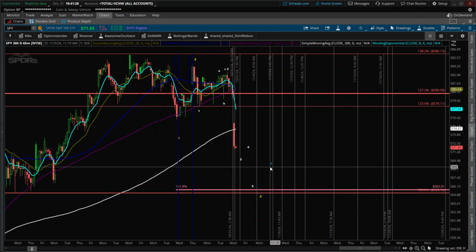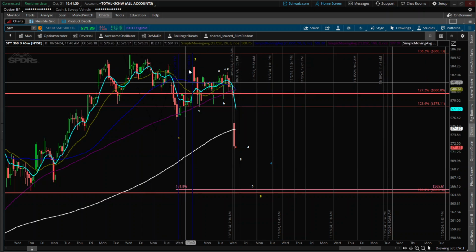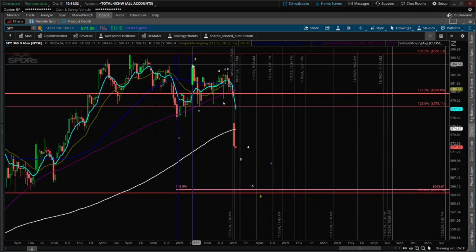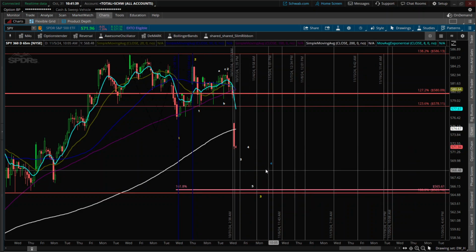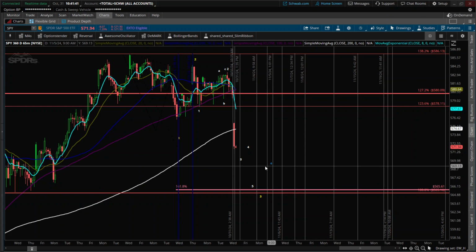So by shallow, I just mean your typical 1 to 2 is 50, 60, even 70% retracements. And your wave 4s are typically a 20 to 40% retracement.